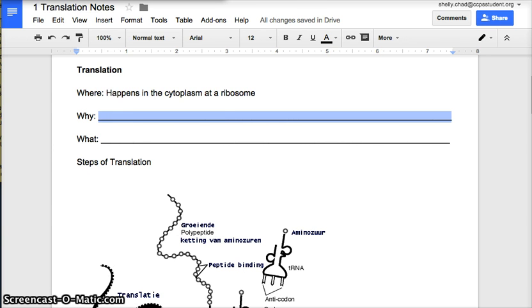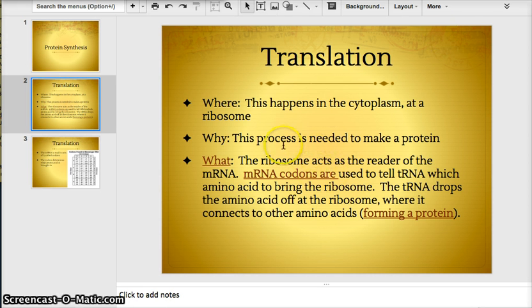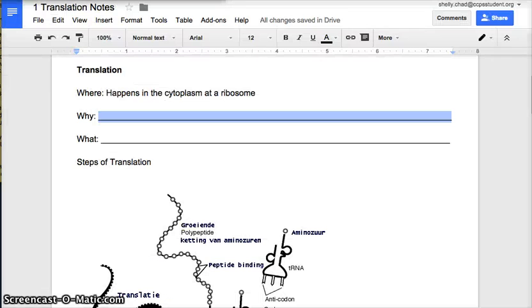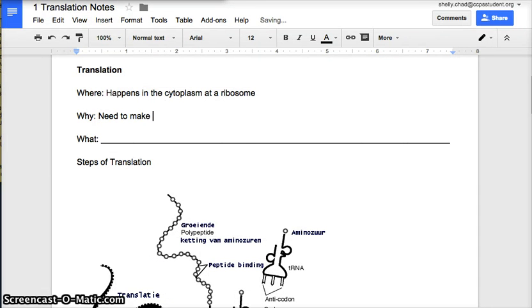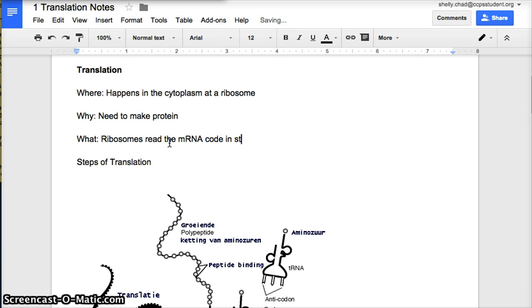Why it happens is because we need to make proteins. Alright, and then what happens is the ribosomes read the mRNA code in sets of 3 and tells tRNA to bring amino acids to the ribosome.